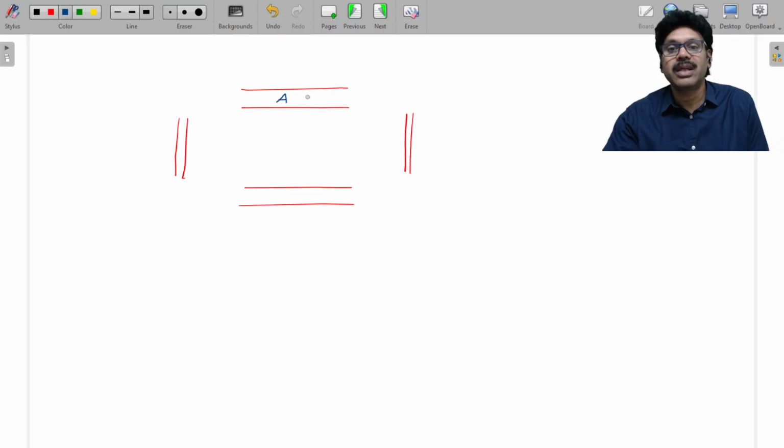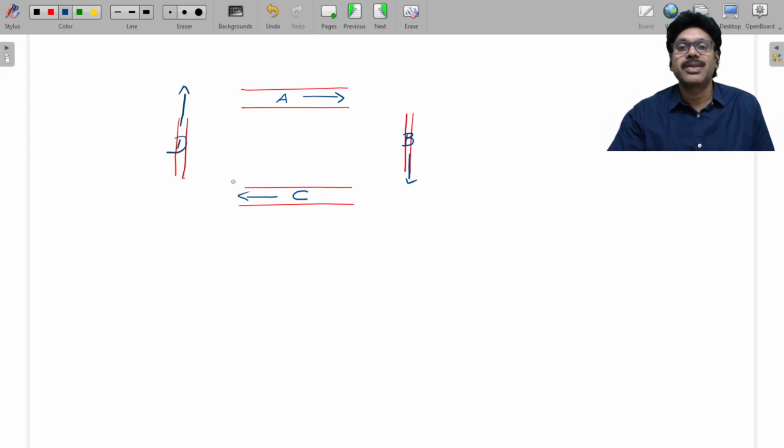This is vehicle A going like this. There is no other way. And this is vehicle B, which is going in this direction. There is a vehicle C going in this direction, and a vehicle D going in this direction.